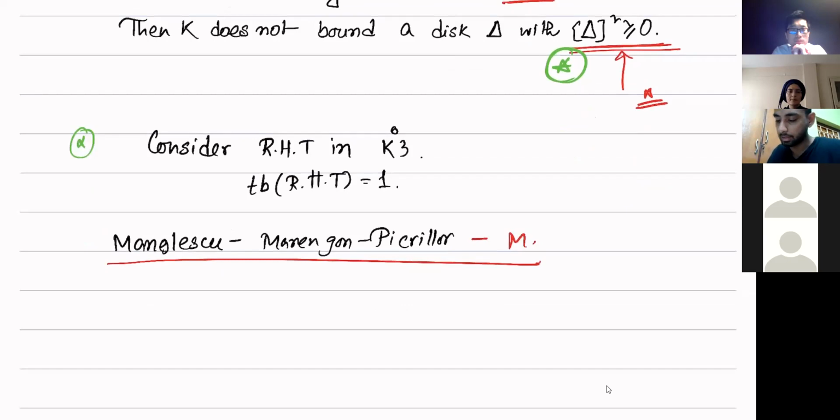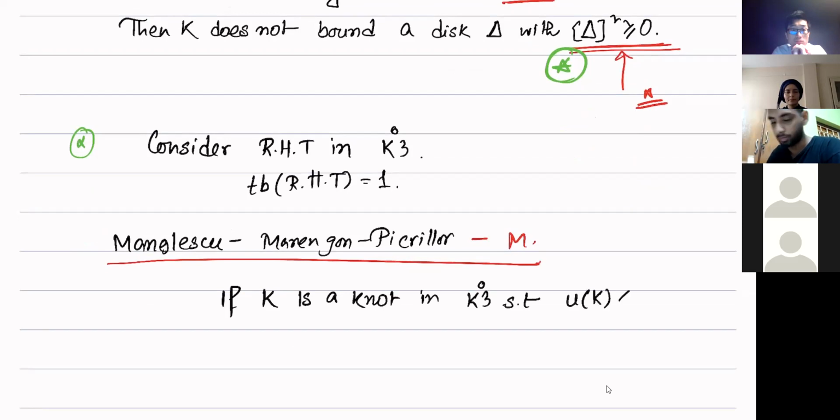So the result is as follows, that if K is a knot in the boundary of K3 bar such that the unknotting number of K is less than or equal to 2, then in particular I improve this result to unknotting number less than or equal to 4.